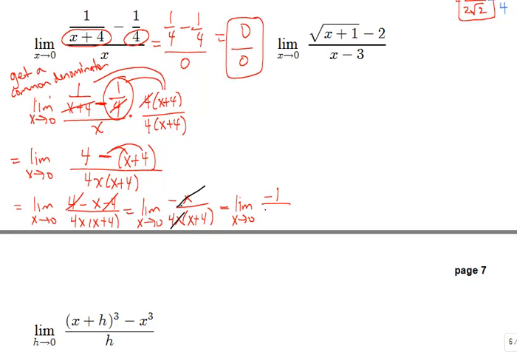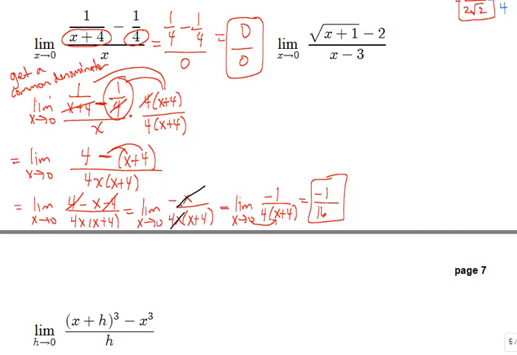Don't lose that negative. You still have your 4 in the bottom and your x plus 4 in the bottom. As soon as you've canceled those x's, you should be ready to plug in your 0 for this x and get a number. We're going to get negative 1 on top, 0 plus 4 is 4, and 4 times 4 is 16. So my final limit is negative 1/16.